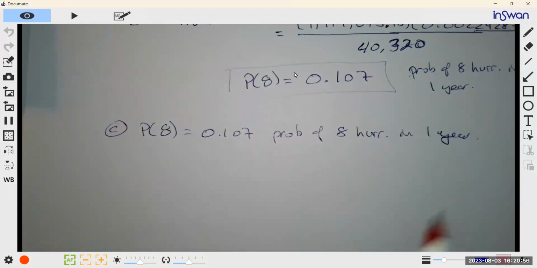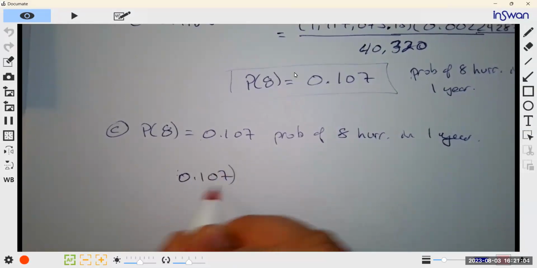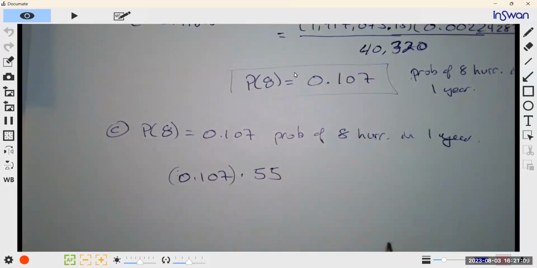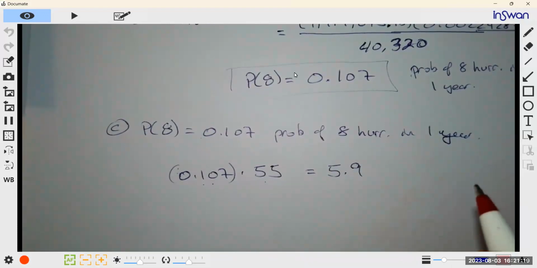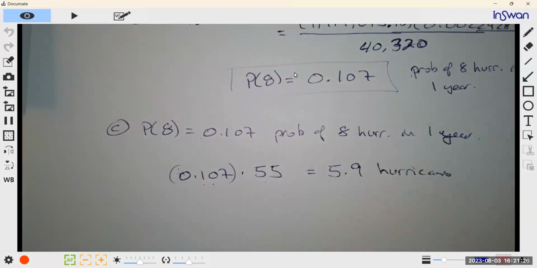So if we take this probability times the 55 years, since this is per year times 55 years, we get 5.9. So that's pretty close.